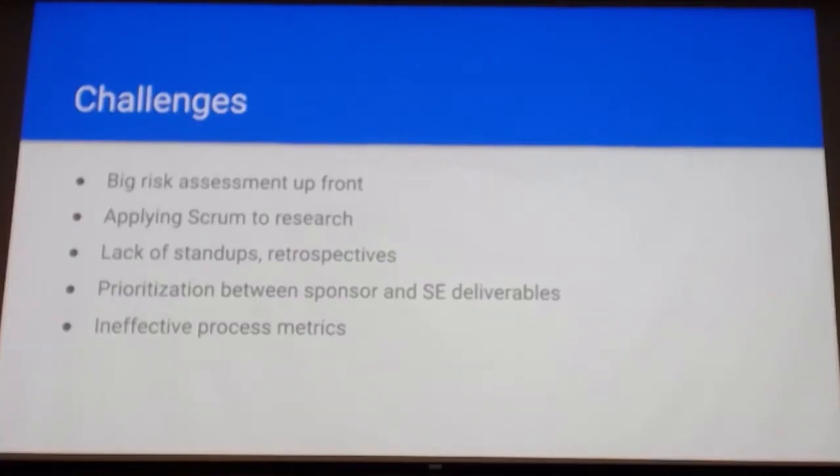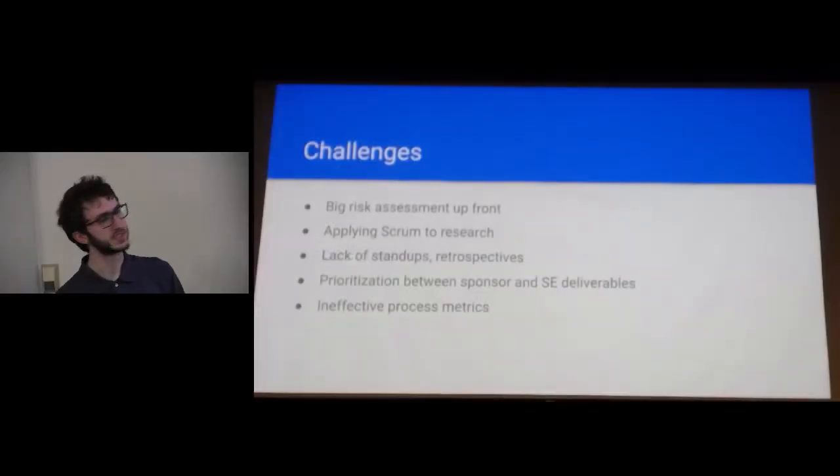Some challenges that we faced: we identified a number of risks at the start, but we didn't periodically update those. So some unforeseen risks came up during the course of the semester. Additionally, applying Scrum to research can be difficult because research tasks aren't the same thing as development tasks. It's hard to say this research article will be 5 points, so that was a difficult aspect. Additionally, we omitted stand-ups and retrospectives.